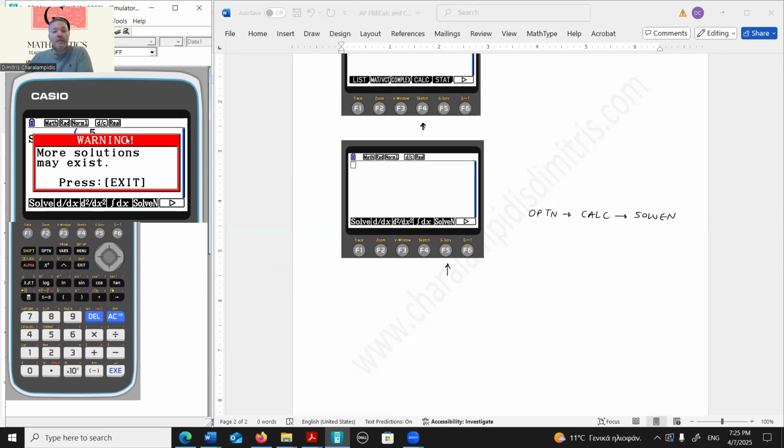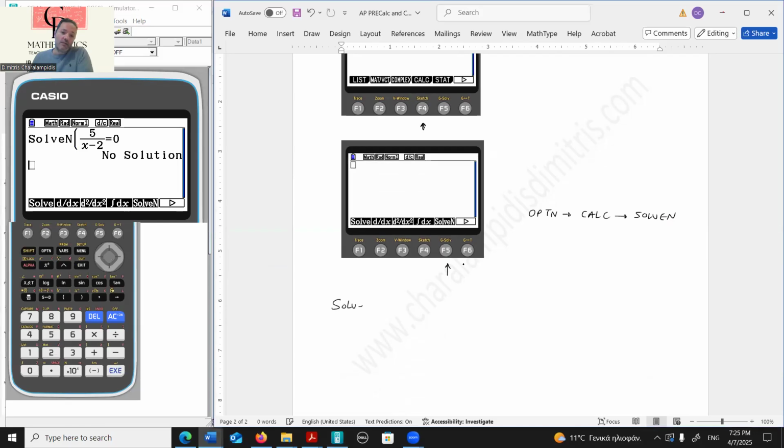X, this warning message will always be there. Press exit and ignore it. And there you are, no solution. So for this one, if we just clicked on solve 5 over x minus 2 is 0, it would have provided no solution. And that makes sense because a fraction is only equal to 0 when its numerator equals 0, and this will never happen in this case.